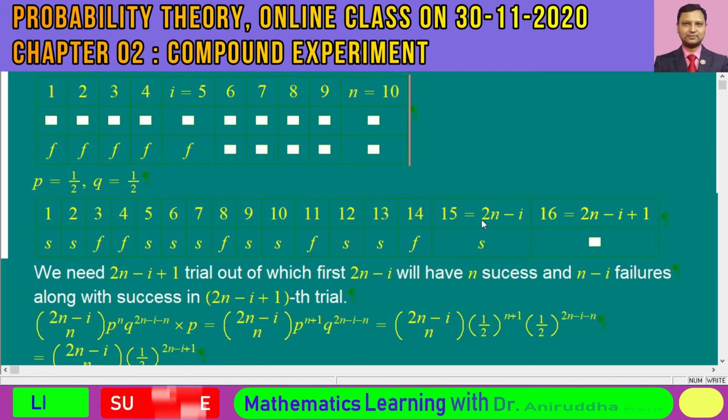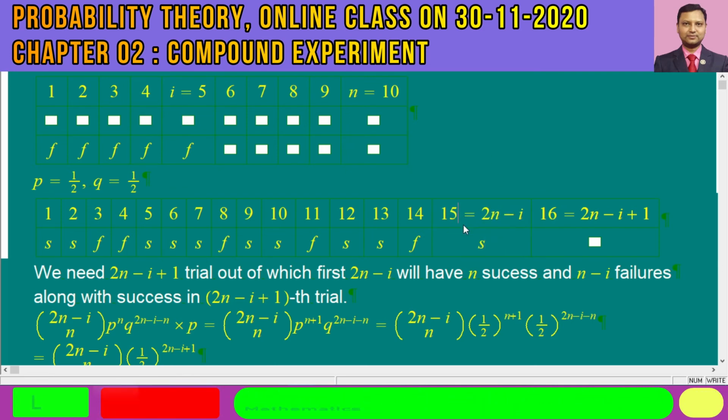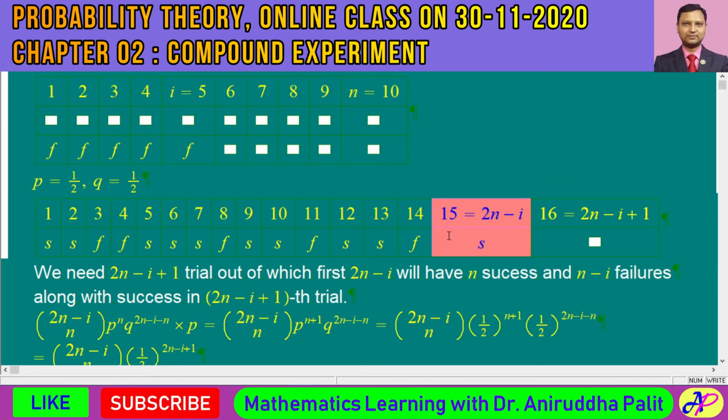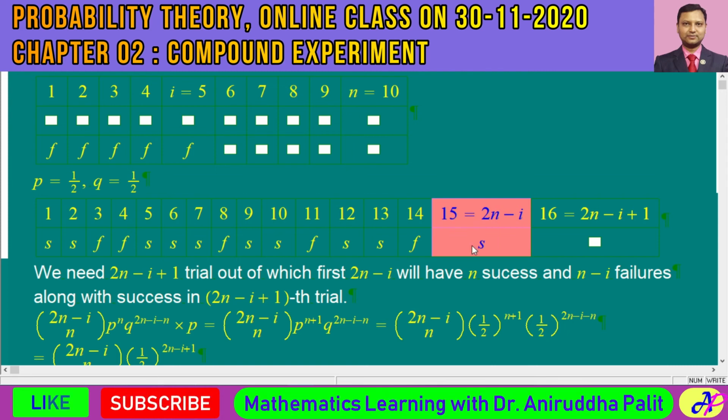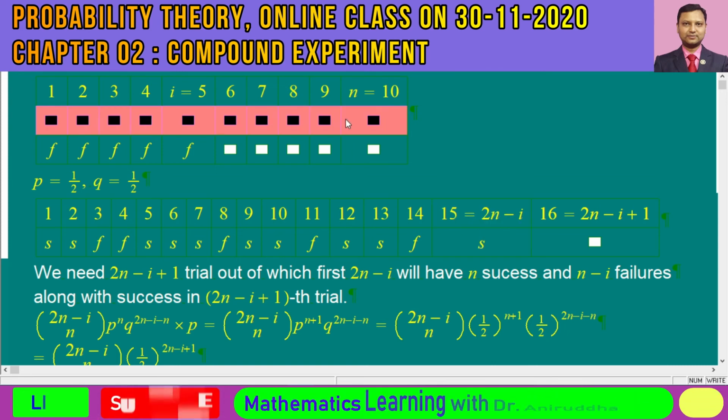It is clear that in the last trial, trial number 15, we will be able to make a decision. And what is the decision? That for the first time, the first box would become empty.